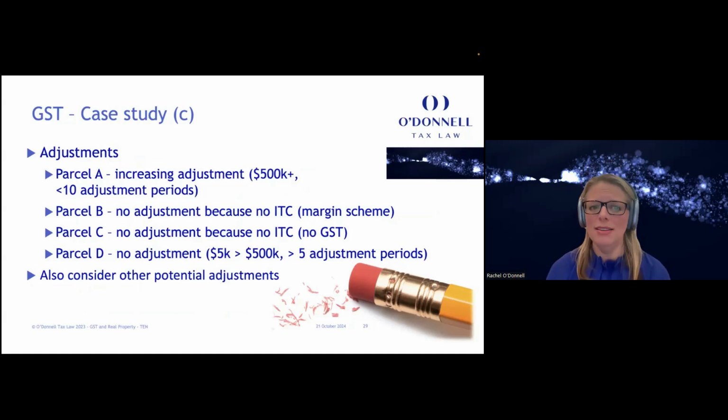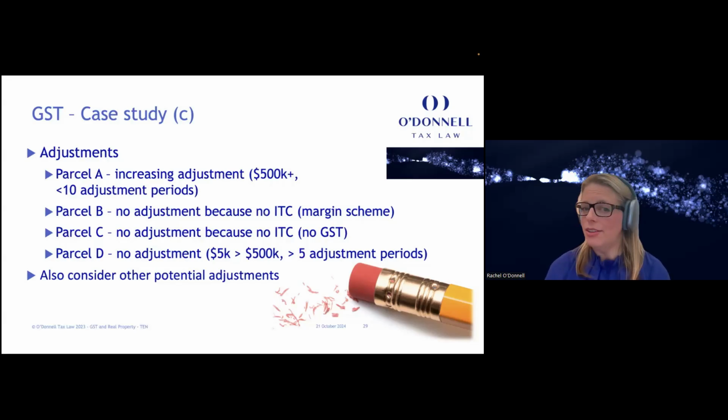We've had less than 10 adjustment periods here. So we will have an increasing adjustment because our acquisition of $3.3 million for Parcel A is above the $500,000 threshold. We therefore have 10 adjustment periods. So we have an increasing adjustment because we're within that time.